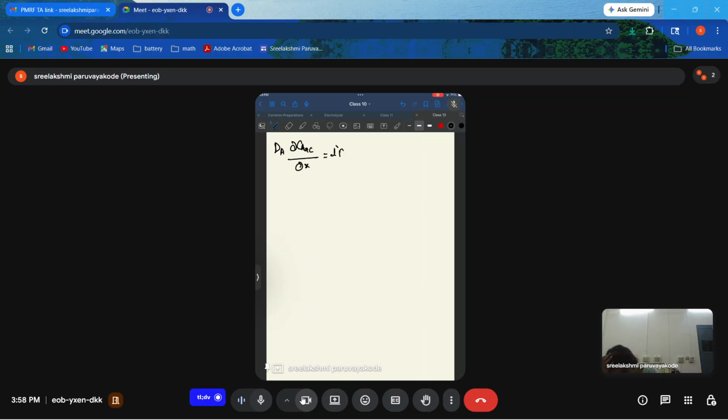If I write in terms of IF AC by F equal to del IF by F. Now what is del IF? It's IAC naught e to the power j omega t plus phi by F. Now if I am just simplifying, it becomes IAC dash e to the power j omega t because IAC naught into e to the power j phi becomes equal to IAC del.